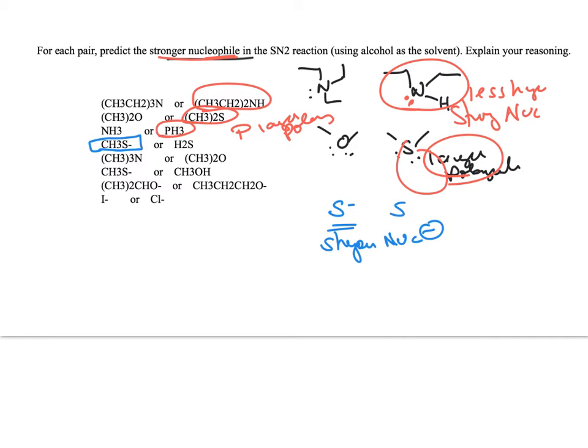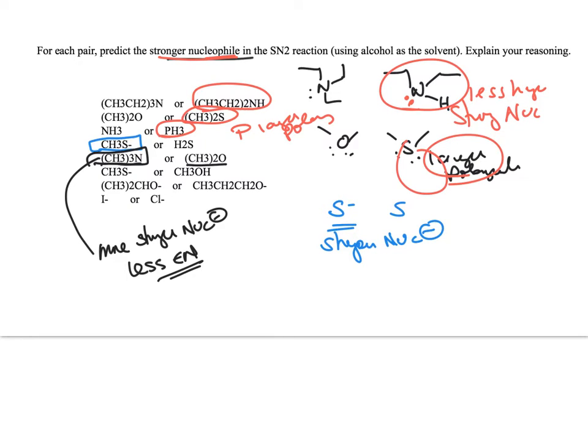Here you're comparing nitrogen with oxygen as your nucleophile, and the nitrogen is going to be more strongly nucleophilic, and the reason why is it's less electronegative, so it's going to hold on to those electrons less.